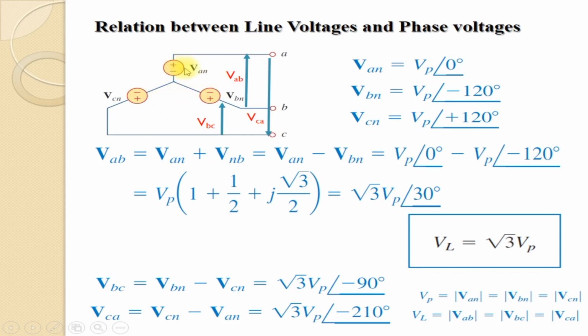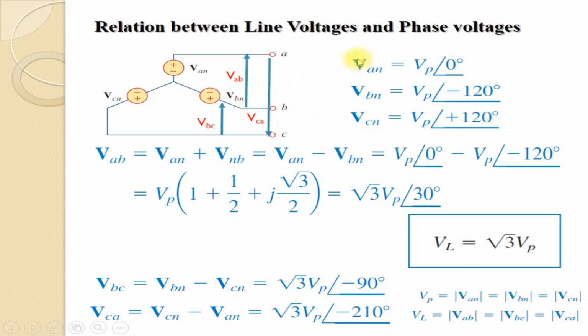That means if you consider VAN, the voltage of the A coil, as reference, the voltage in the B coil will be lagging with respect to the first coil by an angle of 120 degrees. Similarly, the voltage in the third coil will be lagging with respect to the first coil by an angle of minus 240 degrees, which is equal to plus 120 degrees.